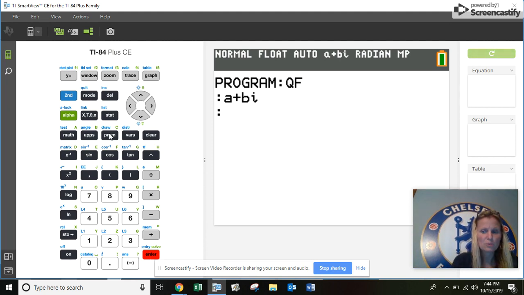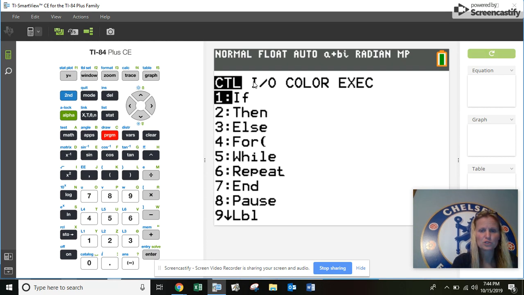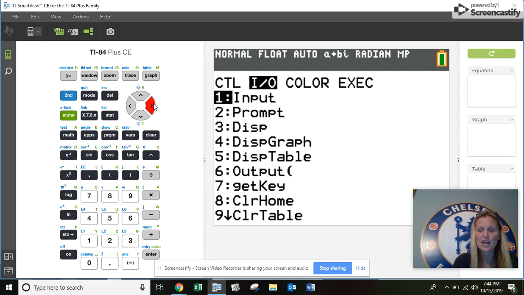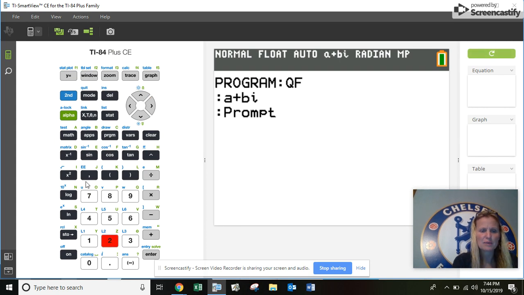To do that, you hit the program button, and we're going to scroll over to I/O, which stands for input/output, and we're going to have it prompt or ask us for A, B, and C. Prompt is number 2, and I'm going to prompt us for A, comma, which is above the 7, B, comma again, and C. Now, every time I wanted a letter at this point, I had to hit alpha because it wasn't automatically in letter mode.